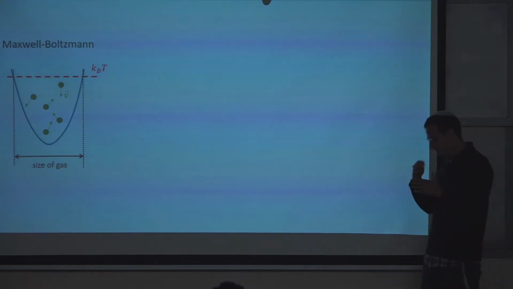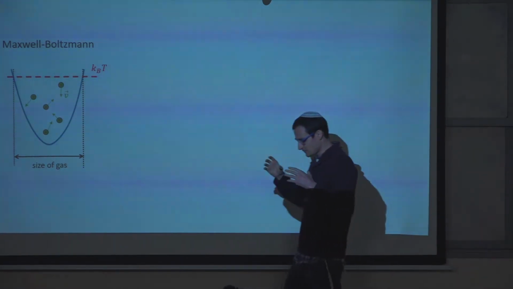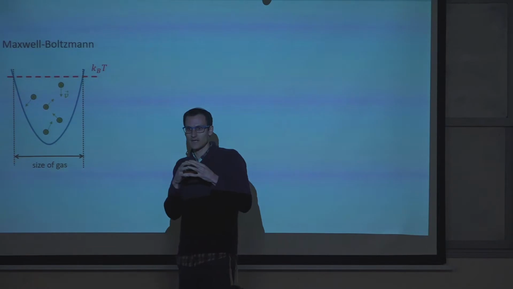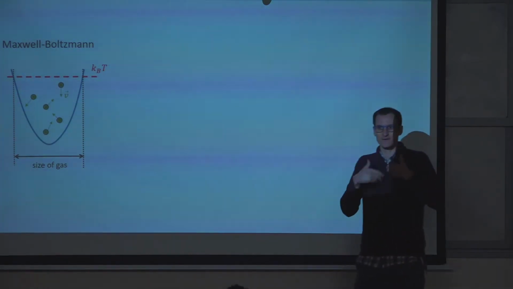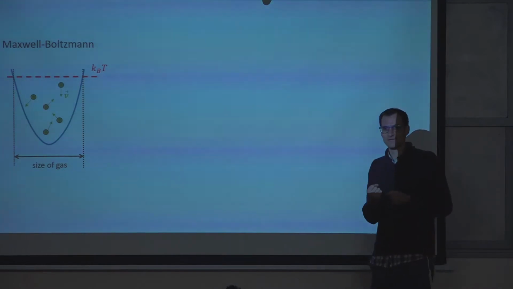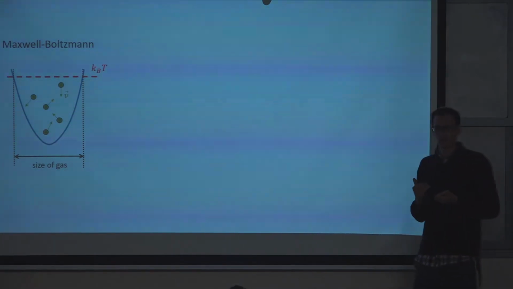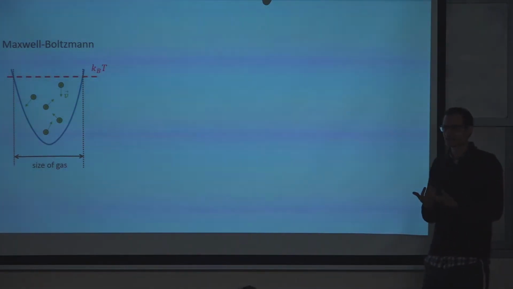But the idea of this field of research is that you have a gas of atoms, and it's a very dilute gas. So the density is very, very low, and that's why when you make it very cold, it still remains a gas.